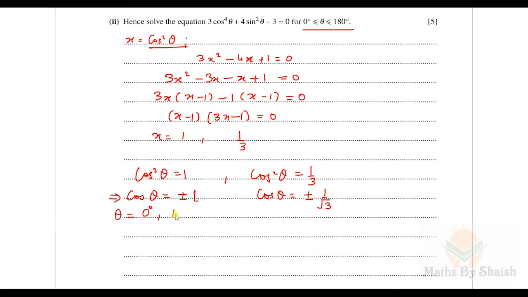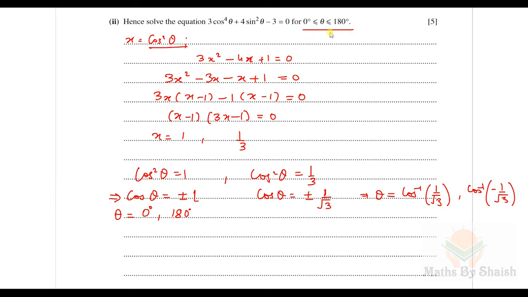From calculator also we can calculate, and since we don't have the proper values for this, we'll use the calculator, and we'll get theta is equal to first of all cos inverse of 1 over root 3, and next is cos inverse of minus 1 over root 3. And from here we can see the next value for 0 is 360, and for 180 it is going to be 180 again, and then 360 plus 180. So we don't have to go ahead because we only have the theta between 0 to 180.